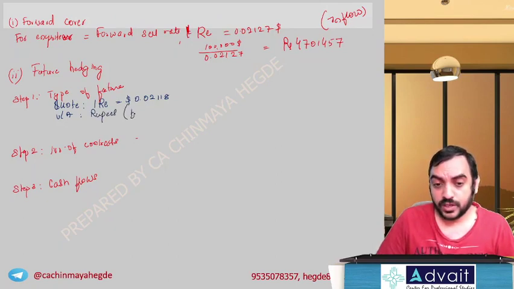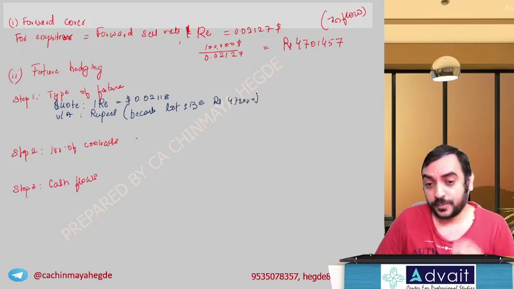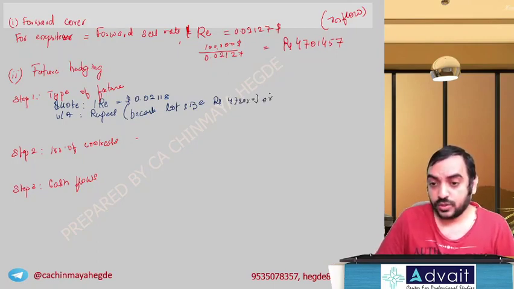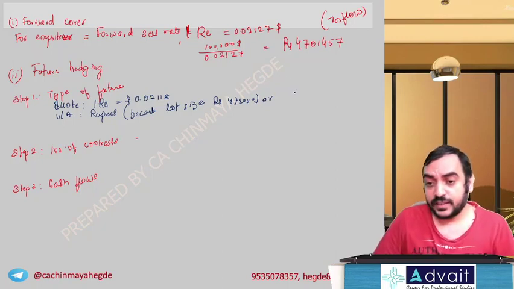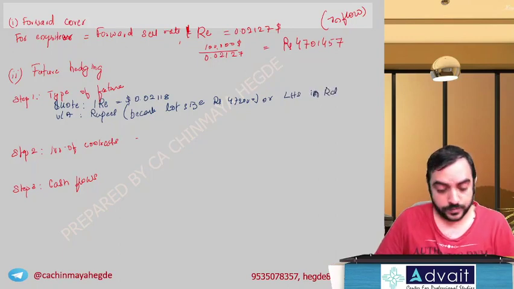Why? Because the lot size is in rupees, 4,72,000, or the left hand side in the quotation, in the future rate.